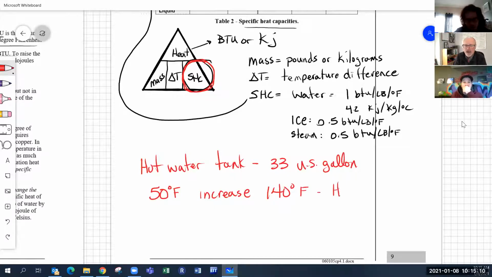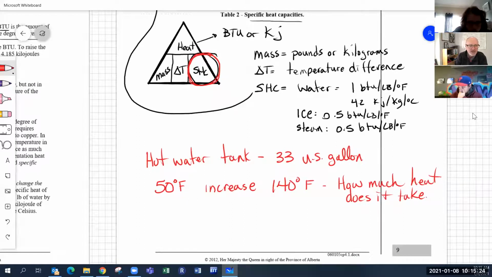I want to know how much heat does it take to heat this water. So using our formula triangle, the one that's up here, it says take your mass times your delta T times your specific heat capacity is equal to the heat. So we have to first find our mass.